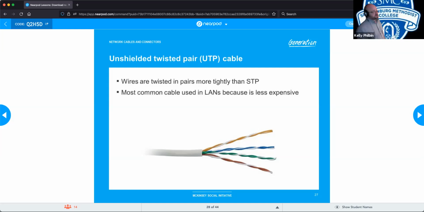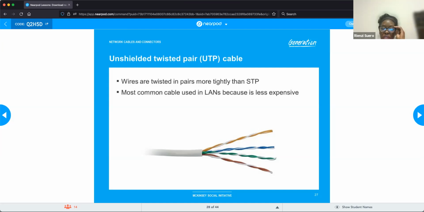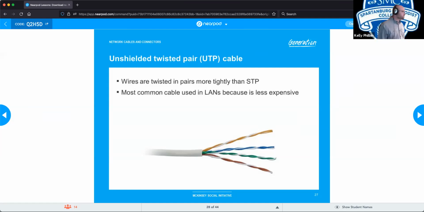It actually has to do with the signal. Go ahead, Randy. I was gonna say for the signal to travel fast. It helps with the speed. It helps with the signal strength, and it prevents crosstalk. Crosstalk is when the signal jumps from one wire to another.